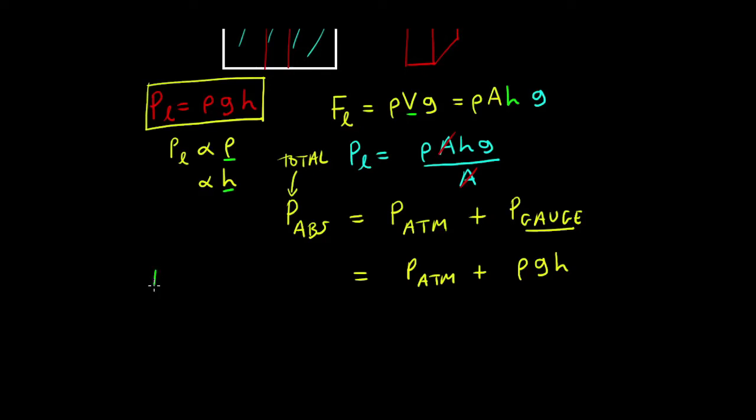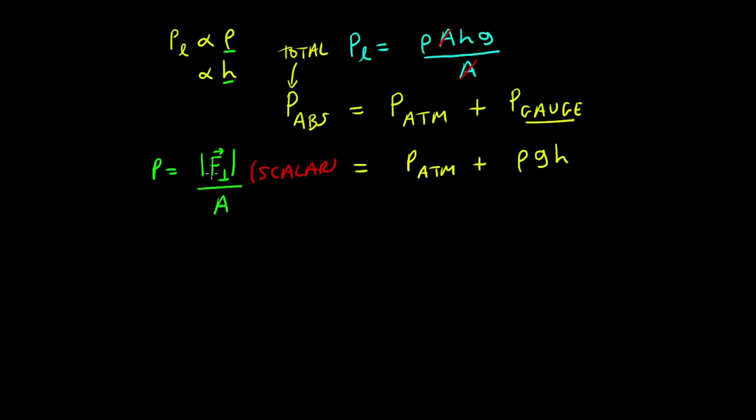And because the pressure is the magnitude of the perpendicular force on the area, basically pressure is a scalar. So it effectively has a magnitude but no direction, whereas the force is a vector which has a magnitude and a direction. And the direction of the force due to the fluid pressure is going to change depending on the orientation of a surface.